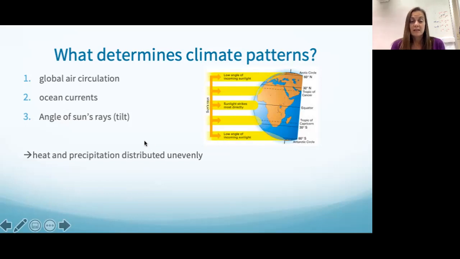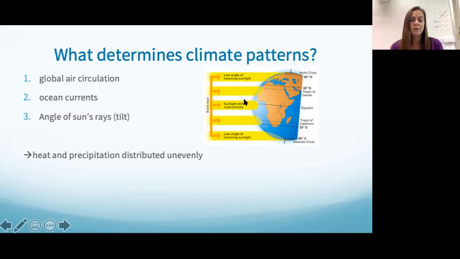So what this means is that heat and precipitation are not distributed evenly around the globe. So heat and precipitation very heavy at the equator. We know that 30 degrees north and 30 degrees south, it tends to be very dry, though still relatively warm.